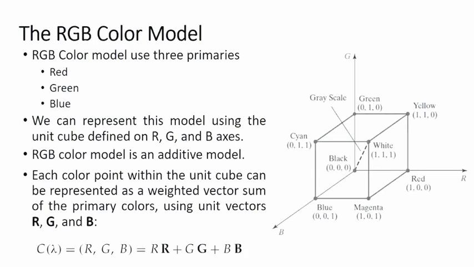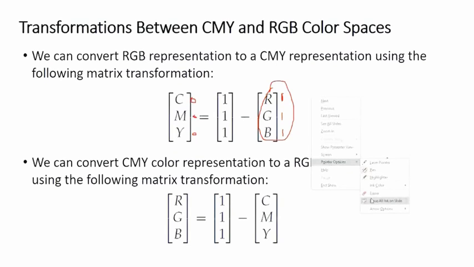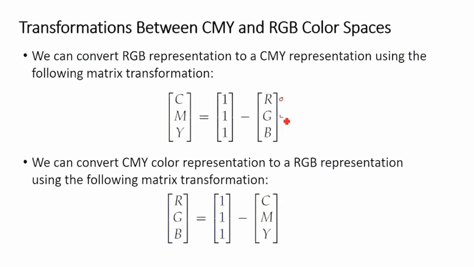So to transform 1, 1, 1 into 0, 0, 0, I'll subtract the RGB value from 1, and the result will be 0, 0, 0. Similarly, let us say I have black color, meaning the RGB values will be 0, 0, 0. If I subtract it from 1, 1, 1, what I get will be 1, 1, 1, which represents black color in CMY. So similarly, you can change the weights of RGB anywhere and subtract from 1, and what you get will be the equivalent color in the CMY color model.